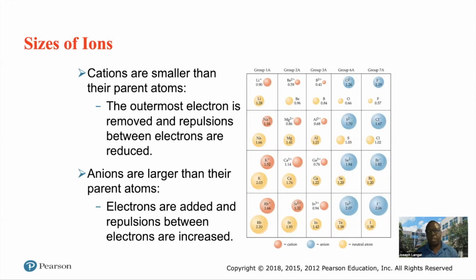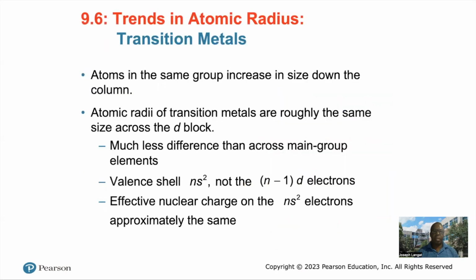Cations are smaller than their neutral parent atoms, and anions are always larger. The reason is that in cations the outermost electron is removed and repulsion between electrons is reduced, whereas in anions electrons are added and the repulsion between electrons is increased.